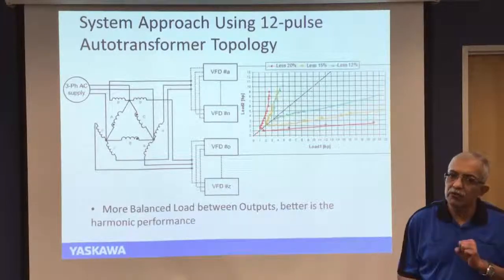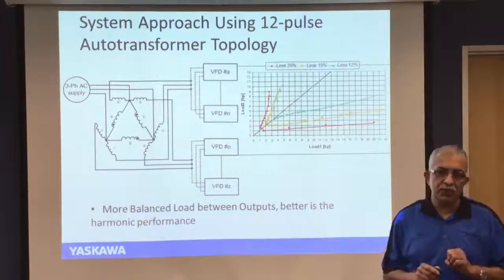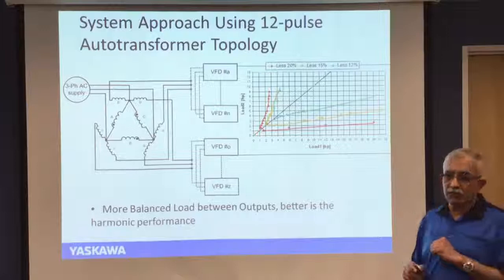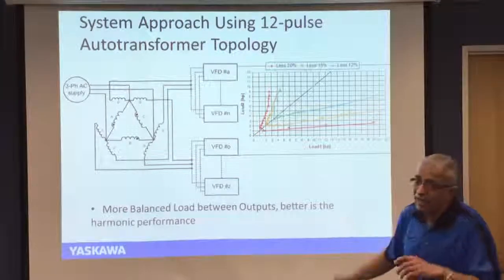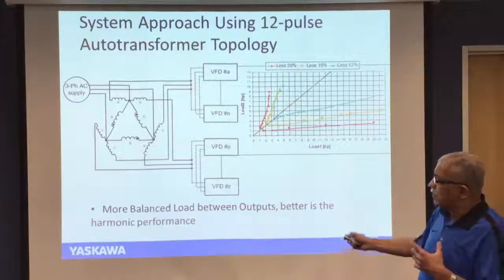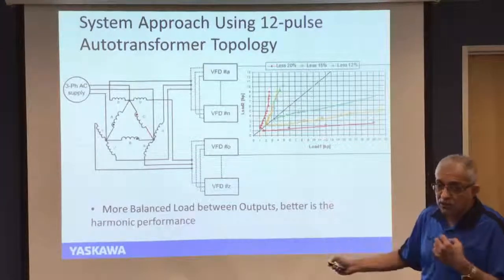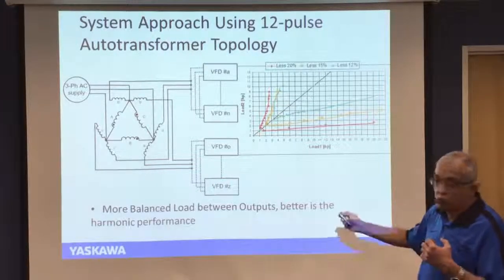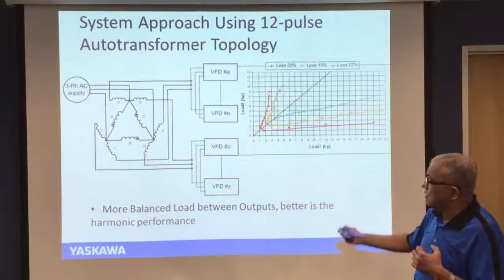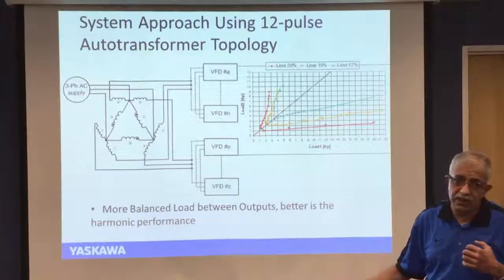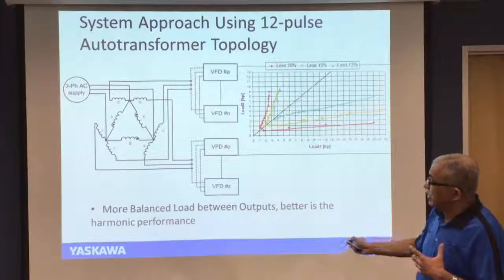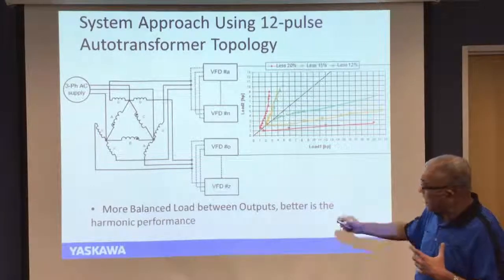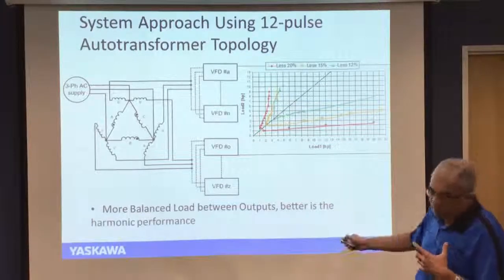And this probably would be the most cost-effective solution to reduce the carbon footprint in a given power system, because you can get very good natural cancellation of the harmonics by using a very small autotransformer, which is 30% of the total load. If the total load is 1,000 horsepower, we would need only a 300 or a 350 horsepower autotransformer. And we could bifurcate, or we could divide the loads and spread them out into two different sets.